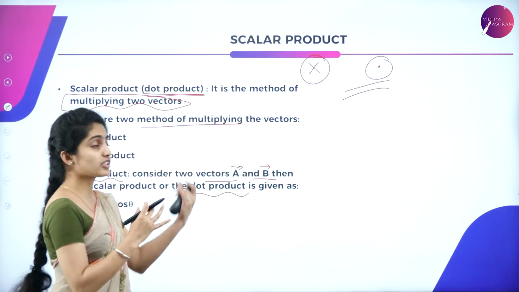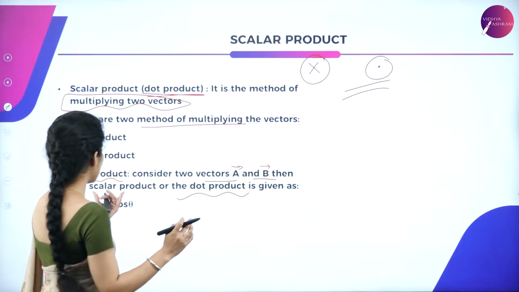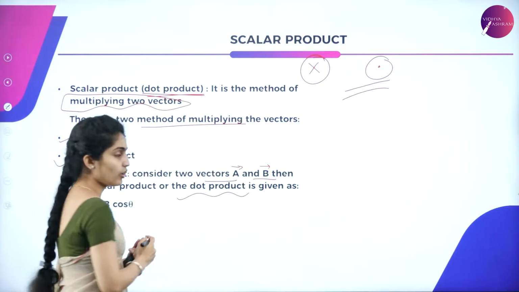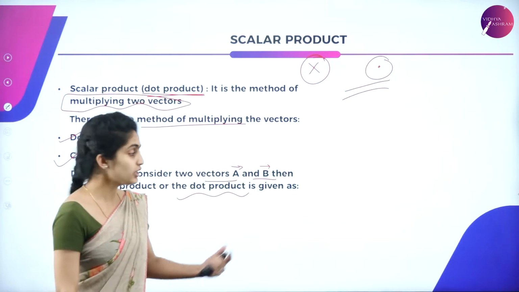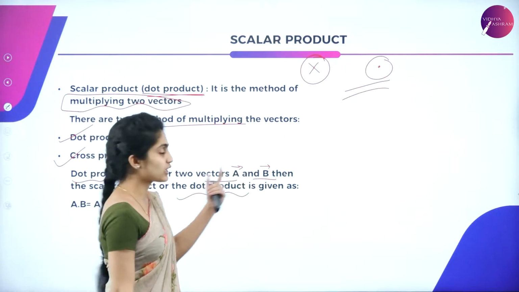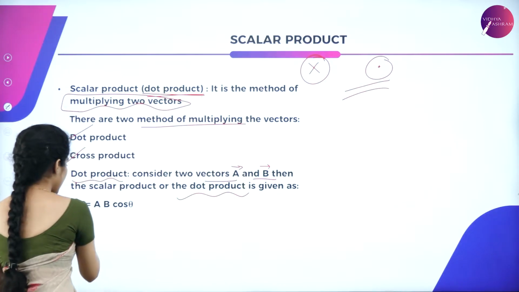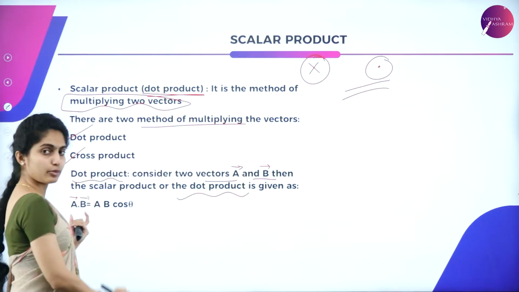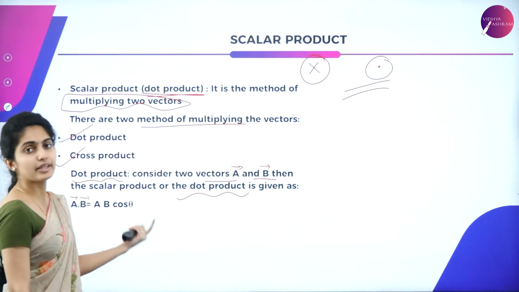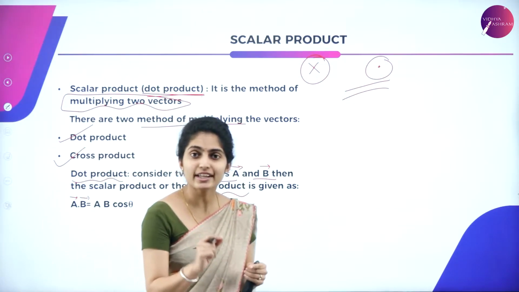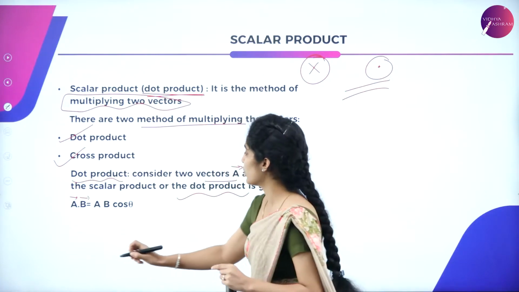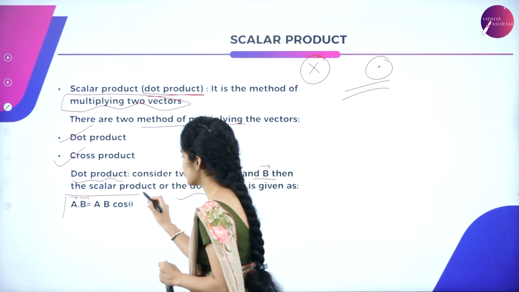This scalar product is also called the dot product. The scalar product or the dot product is given as the dot product of the two vectors mentioned over here, vector A as well as vector B. So vector A dot vector B gives you AB cos theta. It is written as vector A dot vector B is equal to AB cos theta.